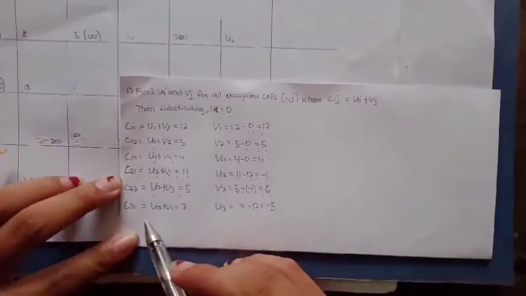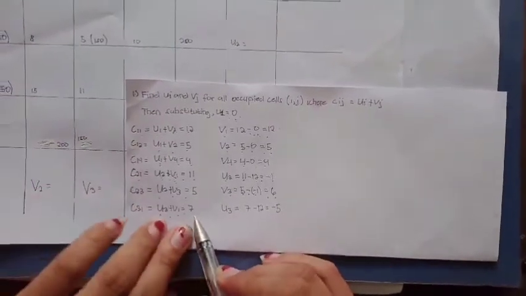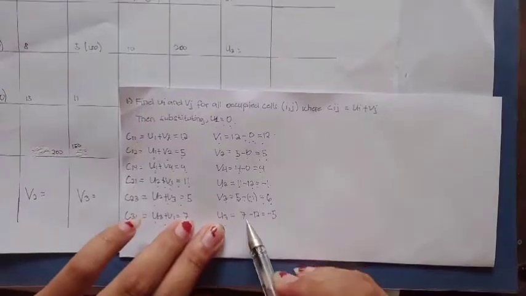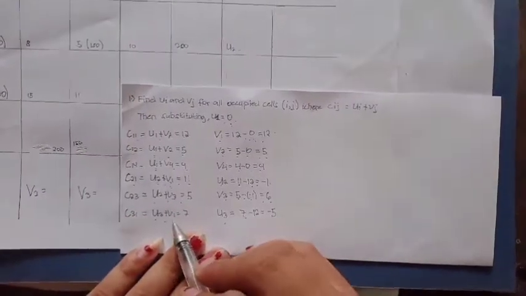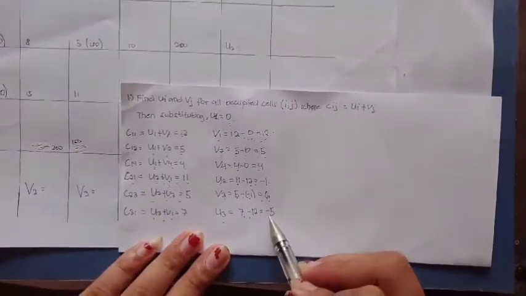Next is U3 plus V1 is equal to 7. So our U3 is equal to 7 minus our V1, which is 12, so we have negative 5.